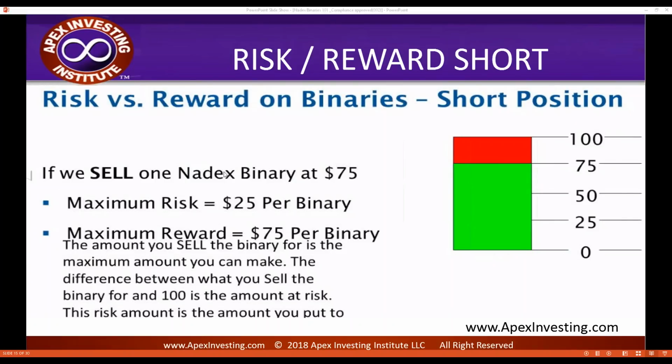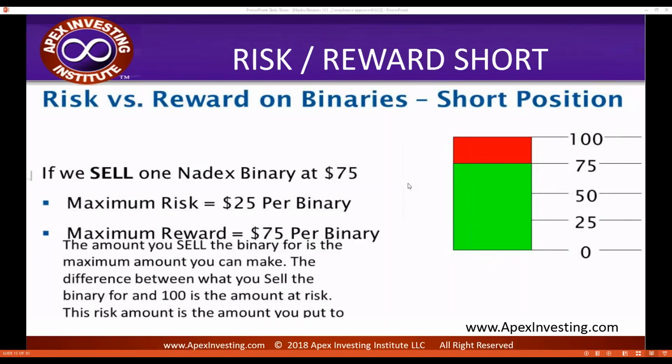So if we sell a Nadex binary at $75, we're flipping it around. If we sell it, then our maximum risk is only $25. Because when you sell a binary, your risk is from where you sell it up to 100.